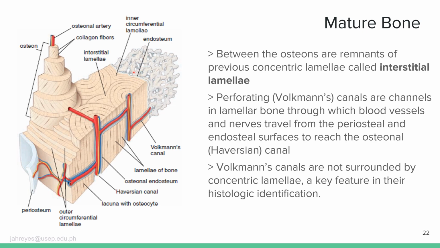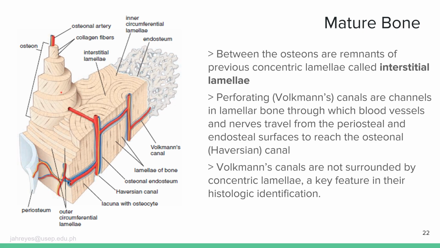So that endosteum will face the bone marrow surface, while the outer part is covered by the periosteum. So this is a thicker layer of connective tissue that covers the entire bone surface except for the parts that will articulate with another structure.